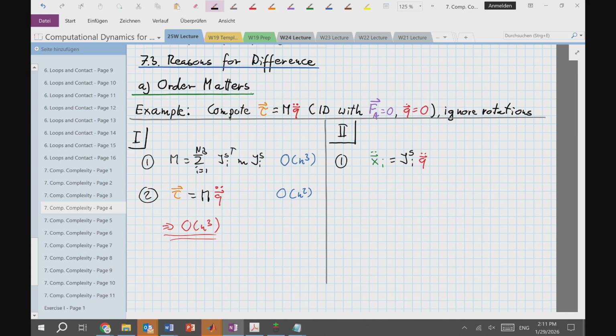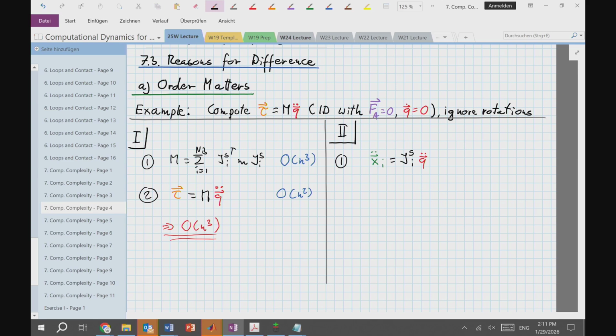No. So what are the dimensions of Q? Well, NQ. What are the dimensions of X dot? For one single body? 3. It's a linear acceleration. So a Jacobian Ji is a 3 by NQ matrix.